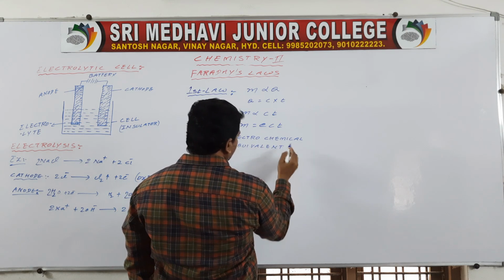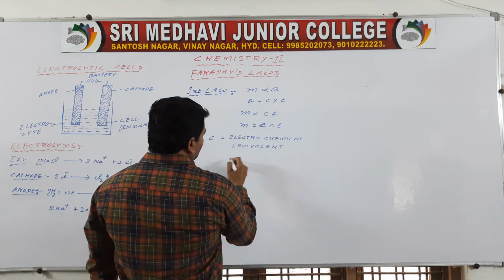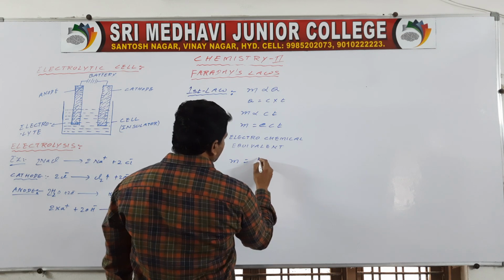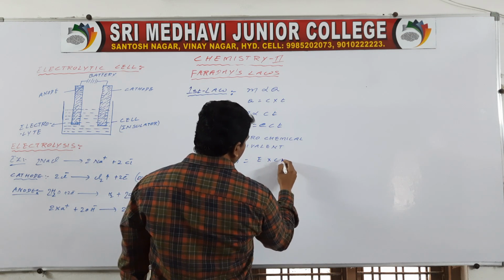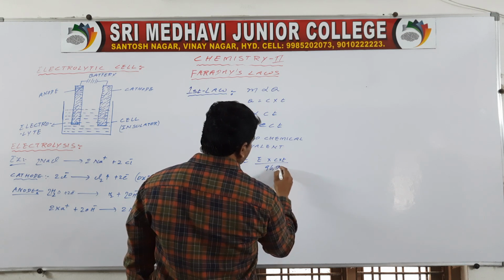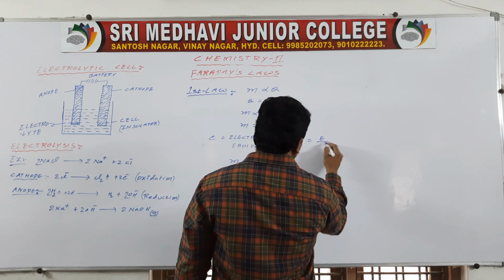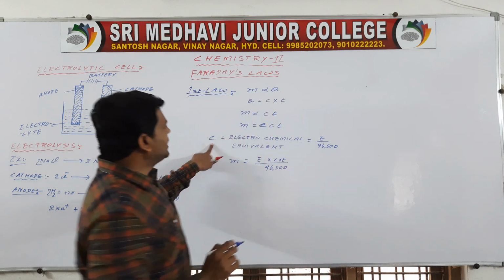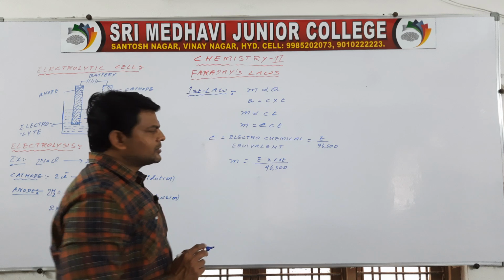In the place of e, I am going to write capital E into C into T by 96,500. Small e, the electrochemical equivalent, is equal to capital E by 96,500.